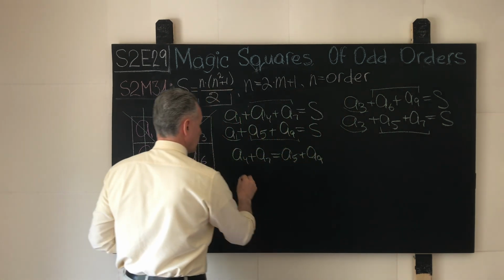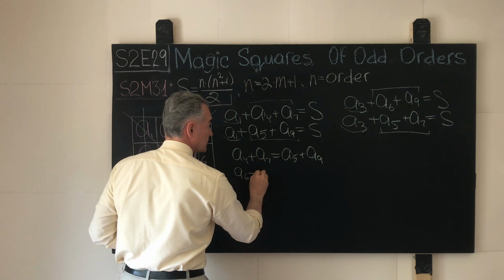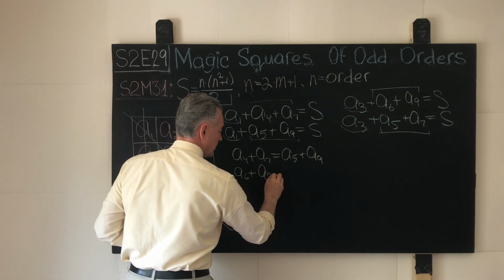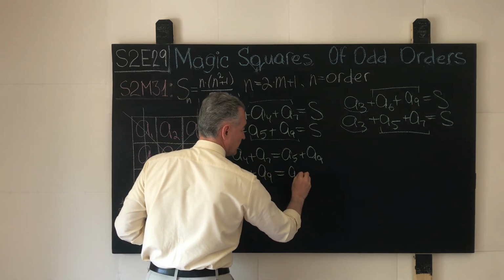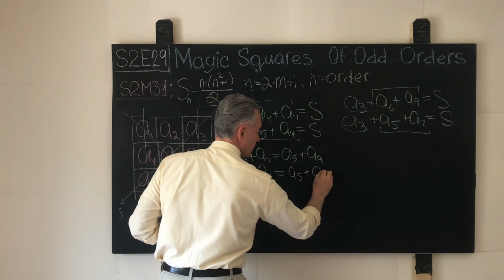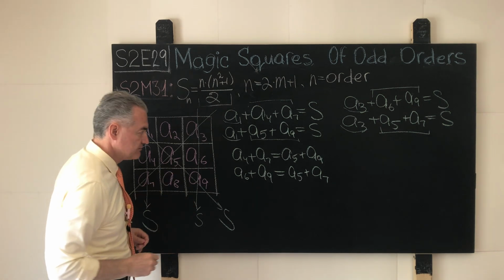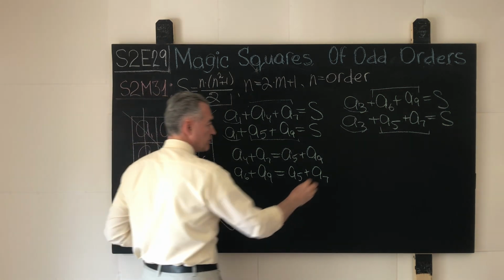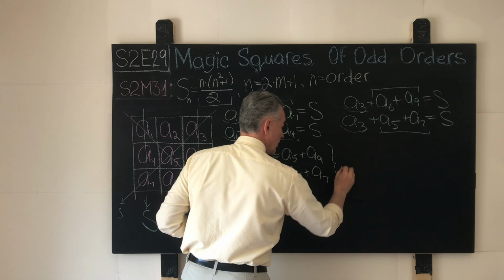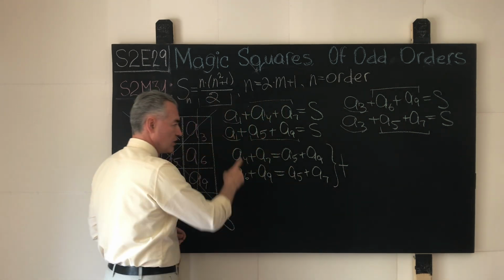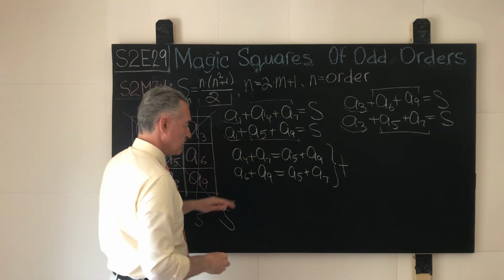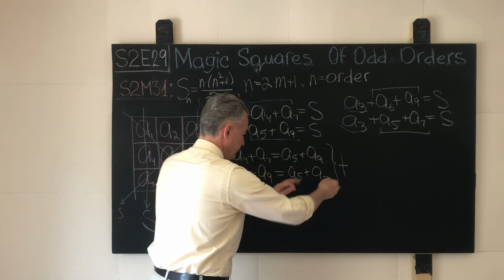We write a6 plus a9 is the same as a5 plus a7. Would you agree? Yes, it looks like I didn't make any silly typos. So now what do we do? Well, we sum these two equations side by side, left hand side and the right hand side.